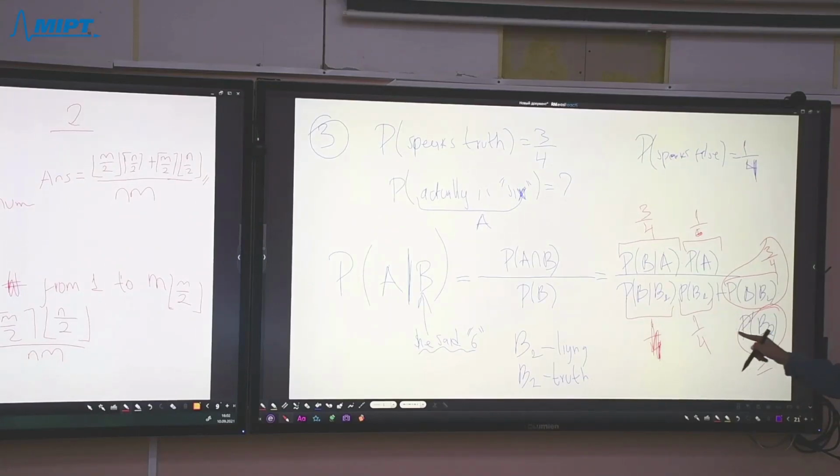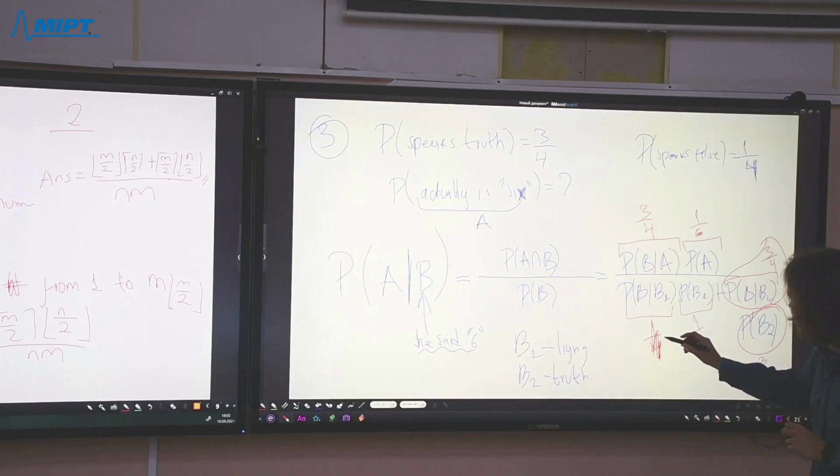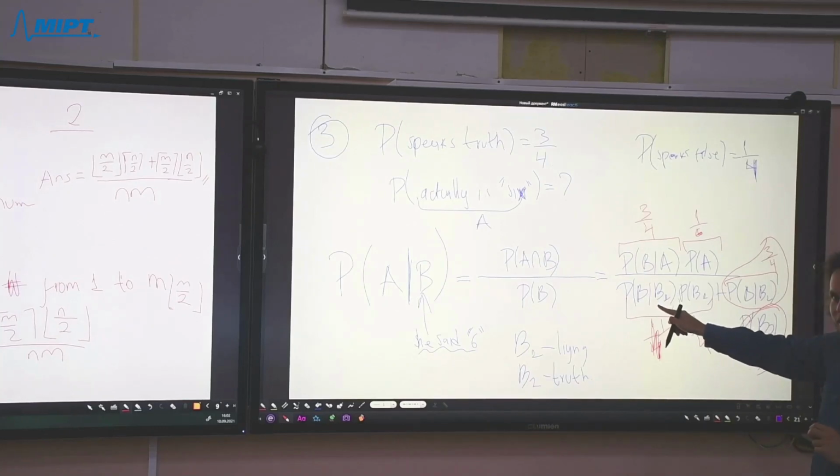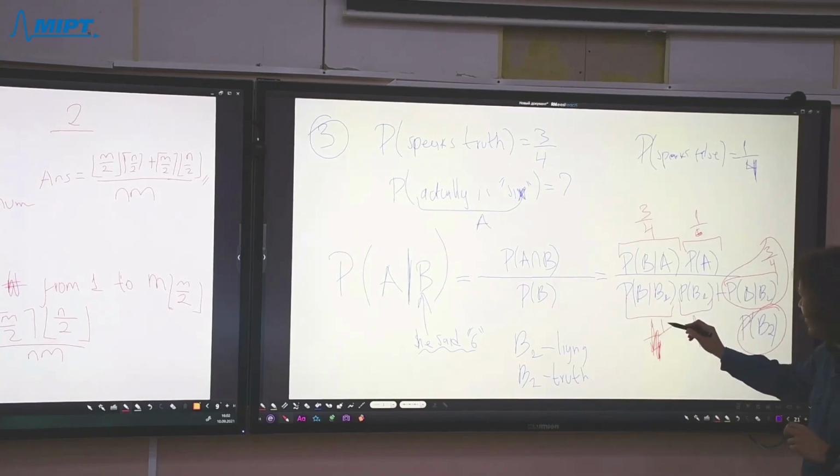So here he's lying, and here 1/6, and 3/4. Yeah, I think it's correct.